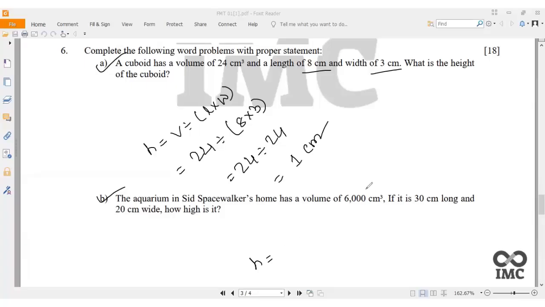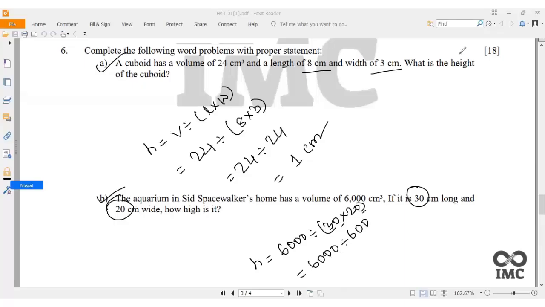So height equal to volume, that means 6,000 cubic centimeter divided by length. What is the length here? Length is 30. So 30 multiplied by, what is the width? 20. Okay. So 6,000 divided by 30 times 20. So 6,000 divided by 600. 6,000 divided by 600 will be 10 centimeter.